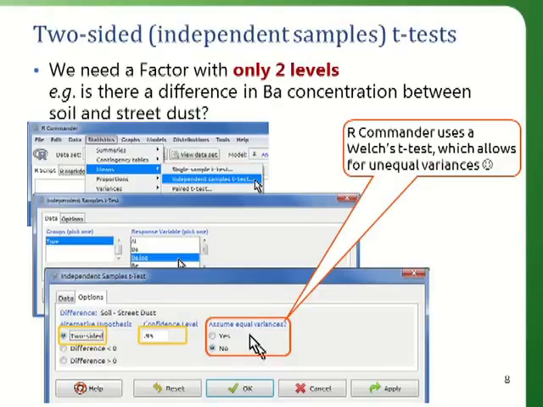And the nifty thing about how R Commander implements the t-test is it actually uses a variation called Welch's t-test, which adjusts the probabilities in the case that each level of our factor results in groups with unequal variances. And that's kind of handy because we don't need then to be too fussy about our precautions. We should check just in case we want to use other statistical tests.